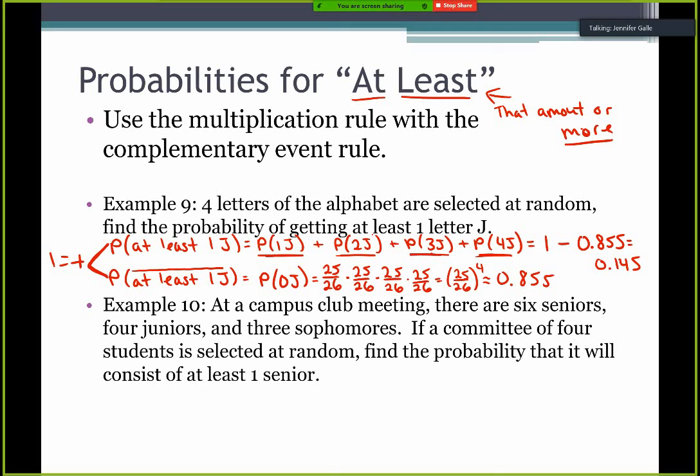We are going to go through it. If you want to work with people around you, that's cool. Try it out. So instead of having to worry about 1 and 2 and 3 and 4, let's just worry about the 0 and subtract from 1. The event plus its complement equals 1. See what you think.